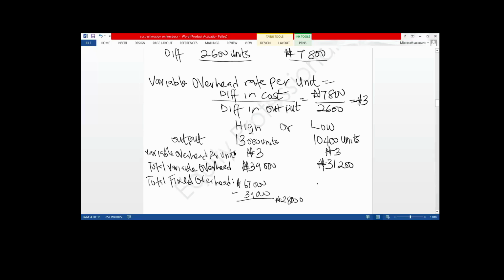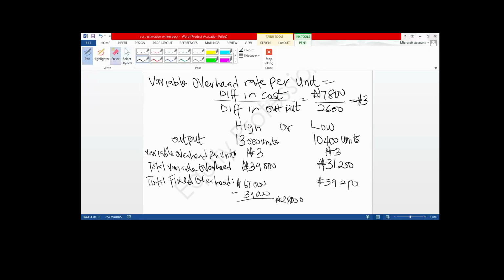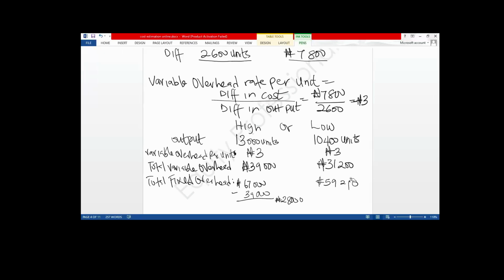Also check low level. At low level, the total overhead cost is 59,200, minus total variable for low level, 31,200.